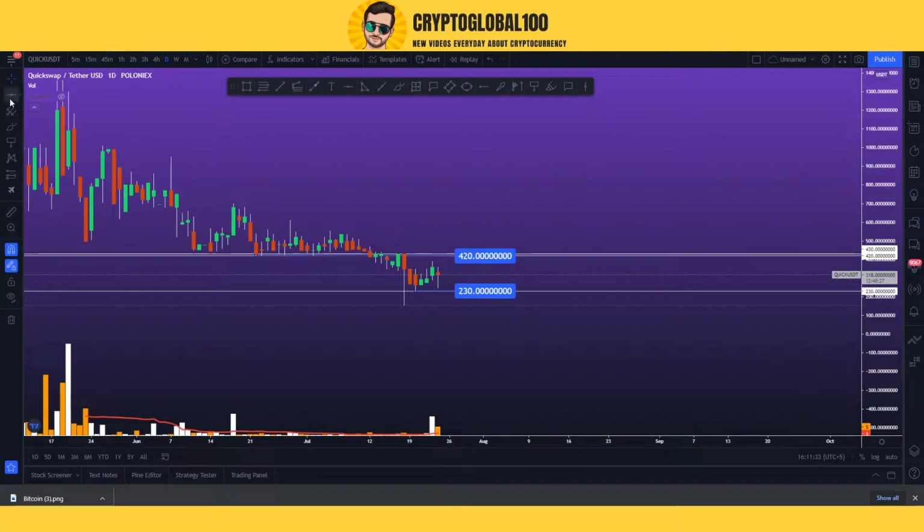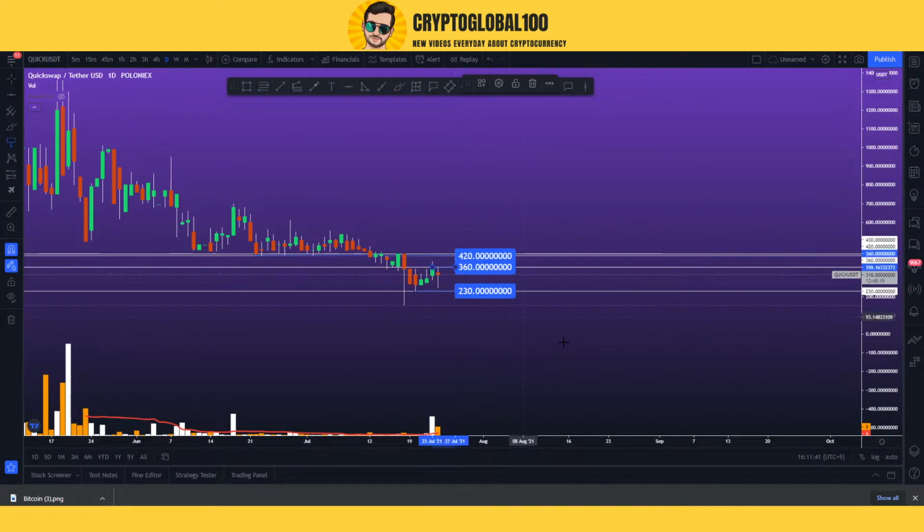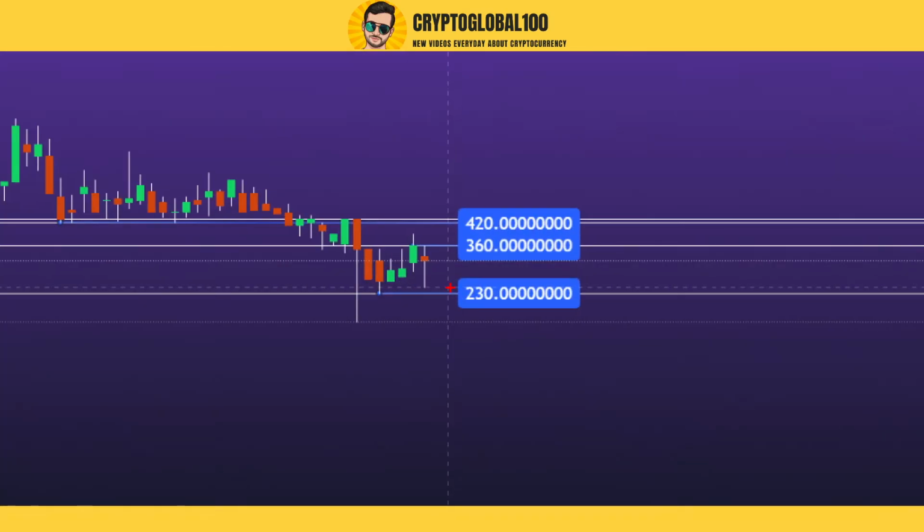Now what I'm going to do is draw an area here. Now this would give us a perfect area of resistance as well. Why is this acting as a resistance? We got 1, 2, 3, 4 as a resistance, 1, 2, 3 as a support.